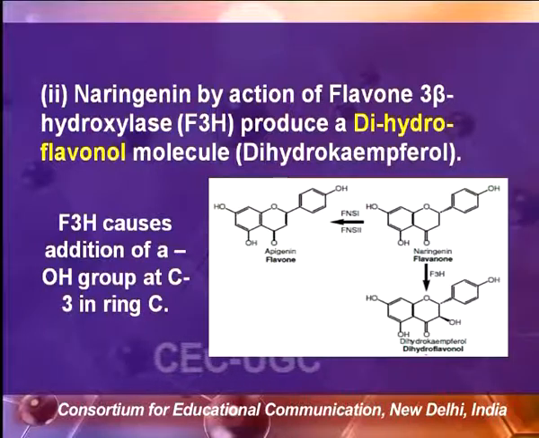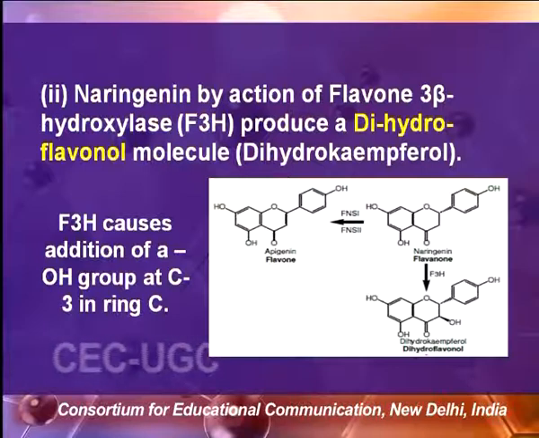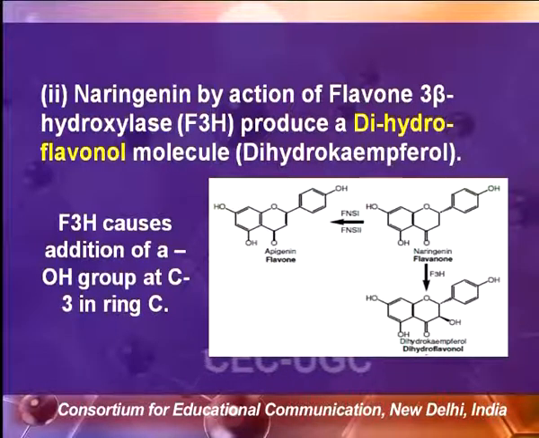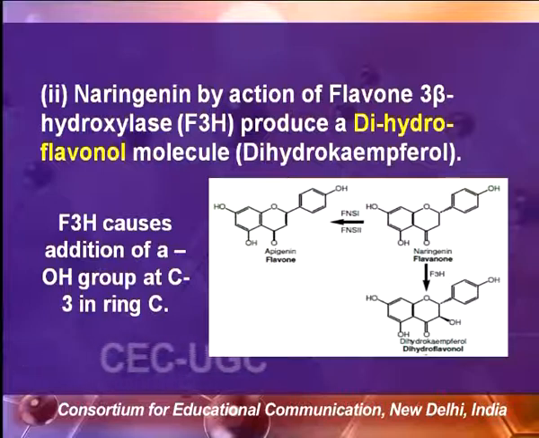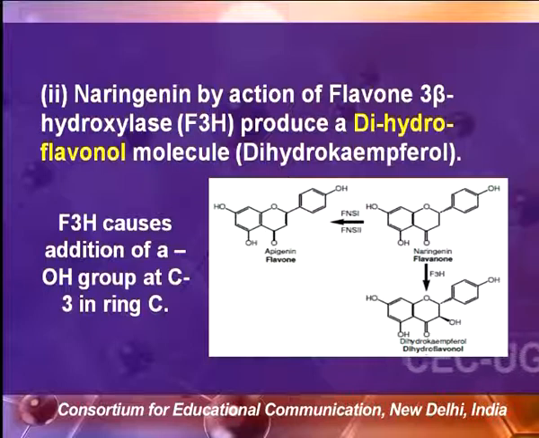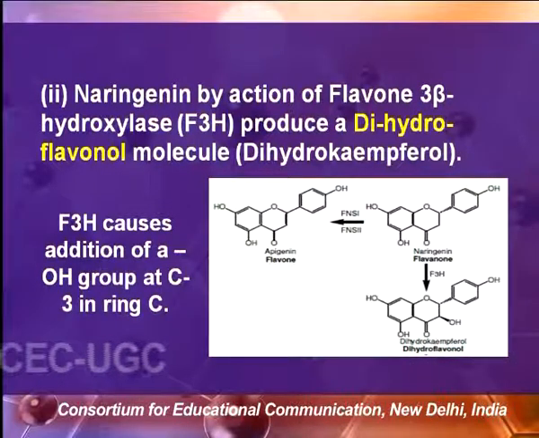Now again this flavanone 3-beta hydroxylase is a stereospecific enzyme and is responsible for the introduction of a hydroxyl group in the flavanone molecule, which is naringenin. So you can see in the slide, naringenin, by the action of F3H enzyme, there is an addition of a hydroxyl group at the third position. As I told you, it's a stereospecific 3-beta position addition of the hydroxyl group.